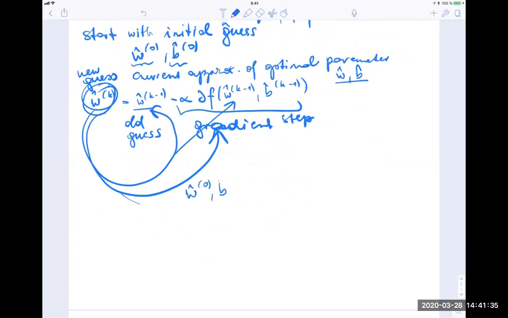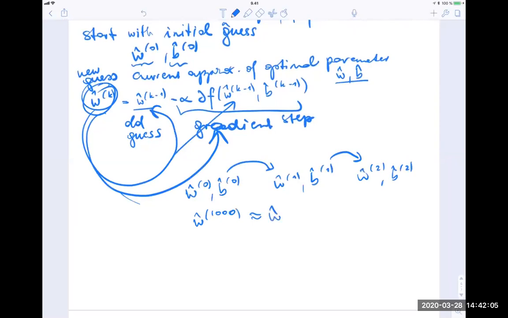So we start with the initial guess. We implement the gradient step. We get a new estimate. We implement the gradient step. We get a new estimate. And it turns out, if we do this sufficiently often, we call this a maximum number of iterations, for example for W hat after 1,000 iterations, it's a very good approximation.